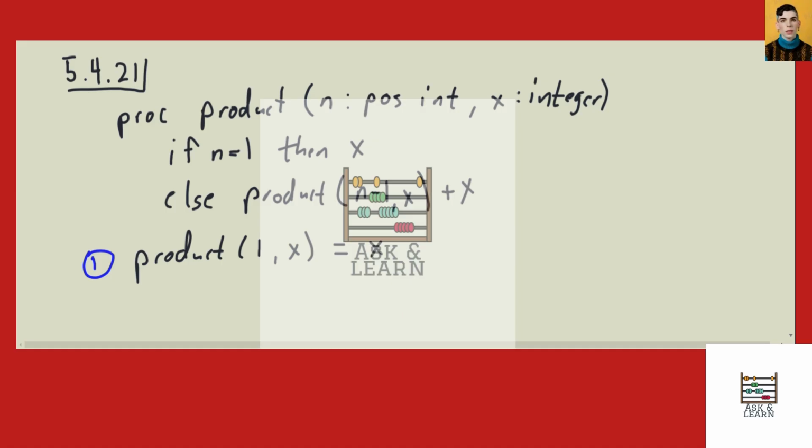So product 1x by definition is x. And we know that 1 times x is x as well. So that was pretty trivial. Usually the base case is pretty trivial.